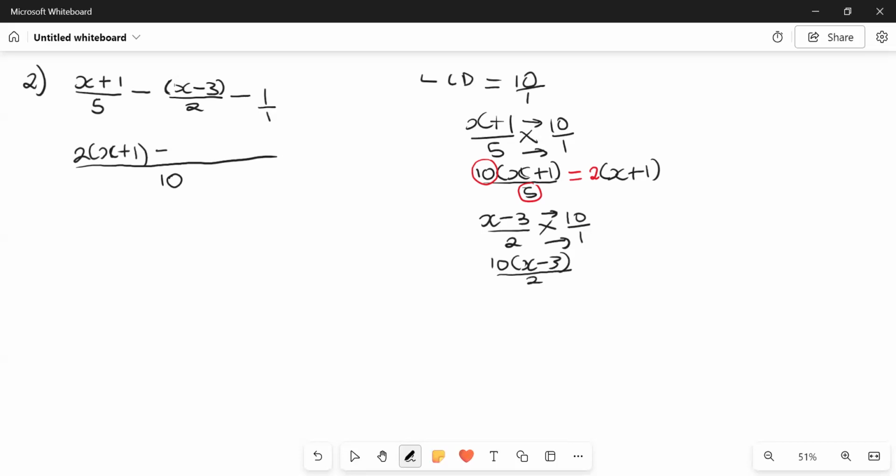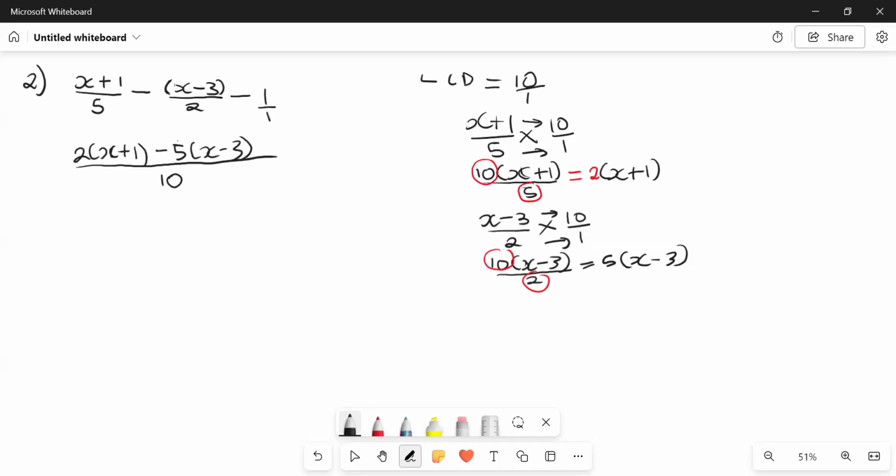Again, as I've explained, we need to pay attention to 10 as well as 2. So 10 divided by 2 is actually 5. And don't forget that x minus 3 within our bracket. So definitely here we need to write 5 and then x minus 3, right?